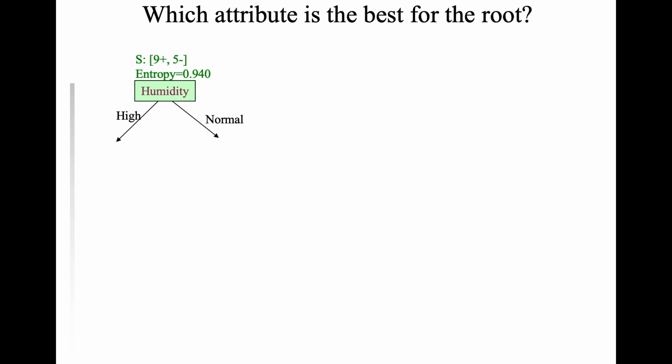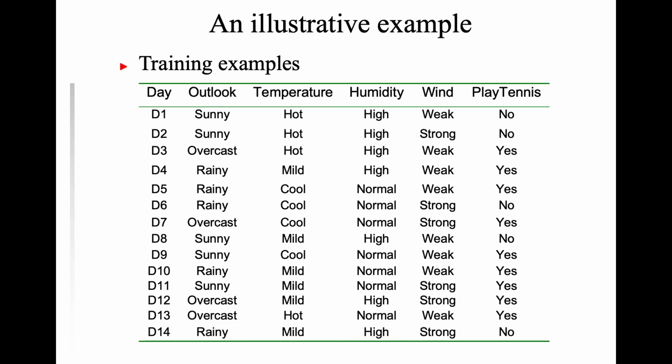And now you have to calculate the same thing for all the subsets. So for example, you say, what would be the S of humidity high? So let's say S of high. How many of your data in humidity high belongs to class yes? How many belongs to class no? So go back to the table here and look at the humidity. For the humidity high, D1, D2, D3, D4, D8, D12, and D14 are high, right?